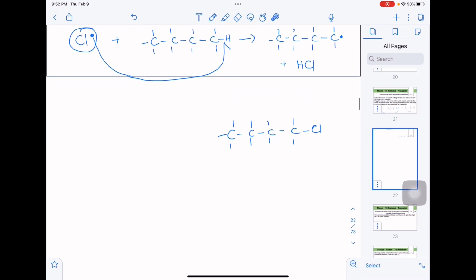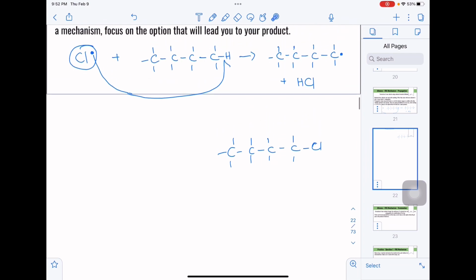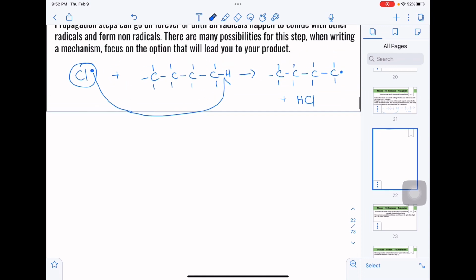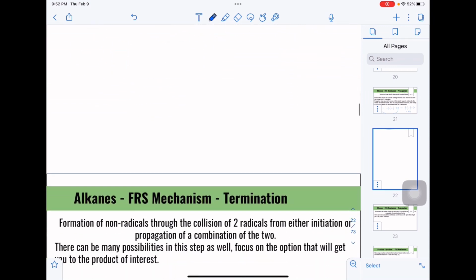Okay, moving on. We have formed our new radical. And understand that once this radical is formed, it can also propagate and form more radicals. It can go around in circles even. So more radicals can be formed from this. But since we know where we're going, chlorobutane, the next step that we're going to look at will have to be termination.